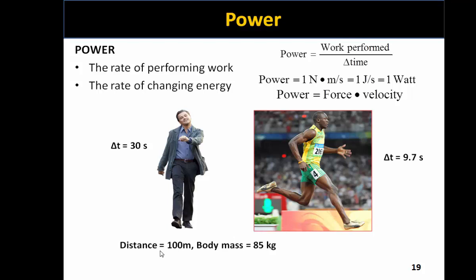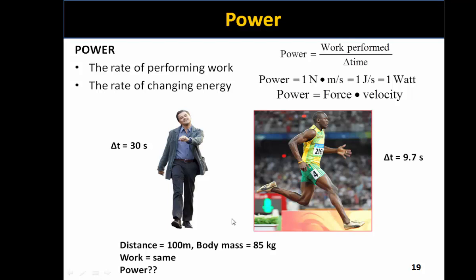Obviously, they have to perform some level of mechanical work, and that work has to be performed against a body mass of 85 kilograms. Because they're both completing the same distance and they have the same mass, the amount of work performed is going to be the same between these two individuals. But looking at the pictures, obviously it's not going to be the same.